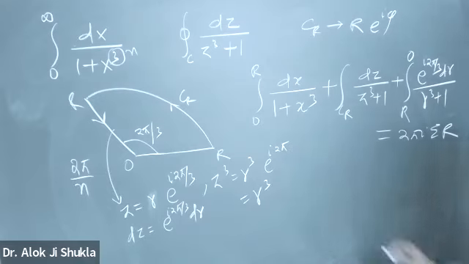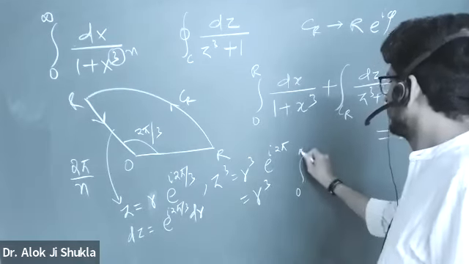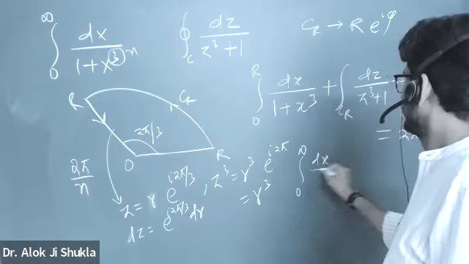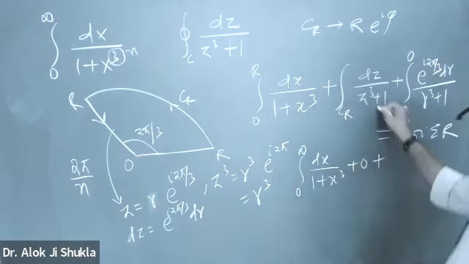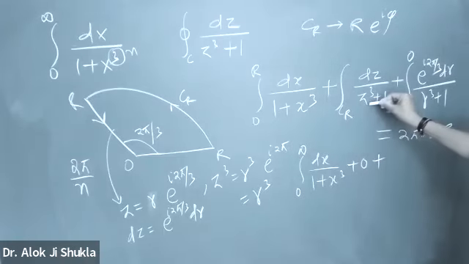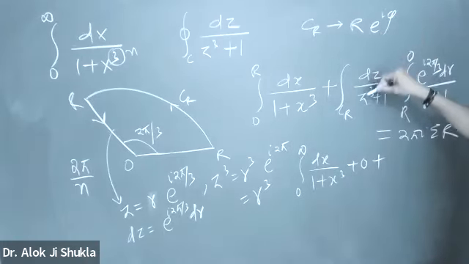Now put R equal to infinity. So it will become the integral 0 to infinity of dx upon 1 plus x cube. This will become 0 by Jordan's lemma: if you put R here and R is infinity, it is in the denominator, so it will become 0.